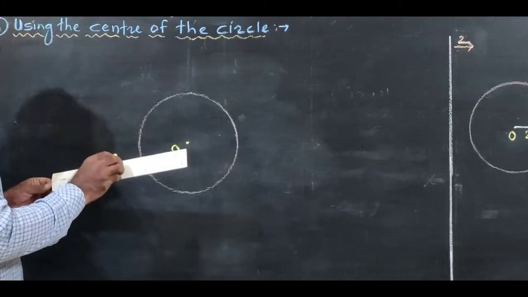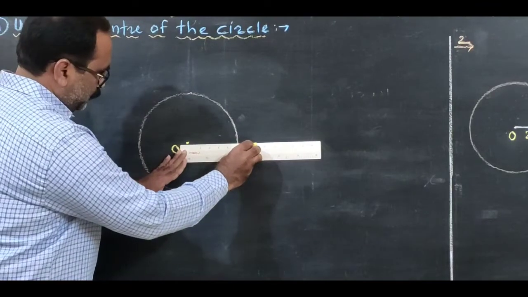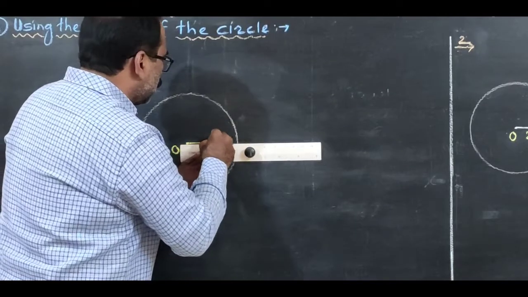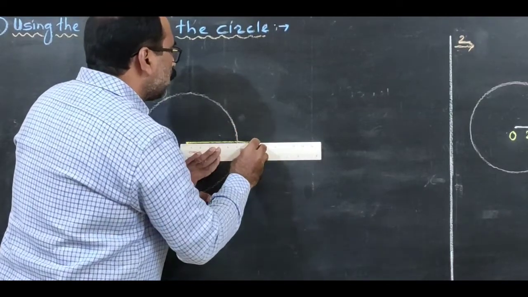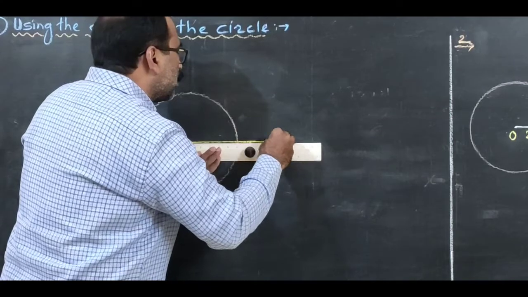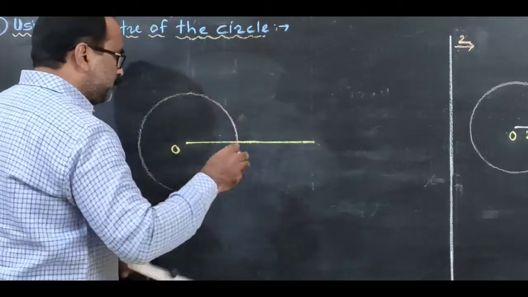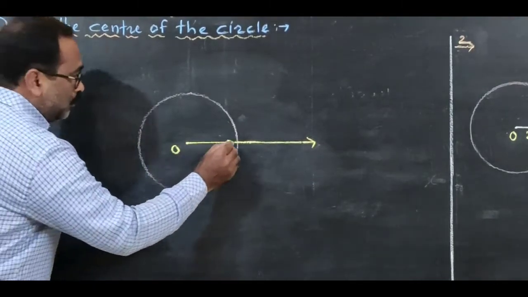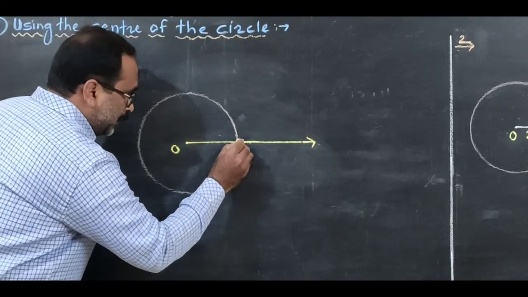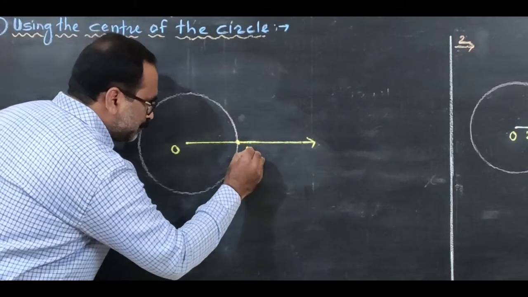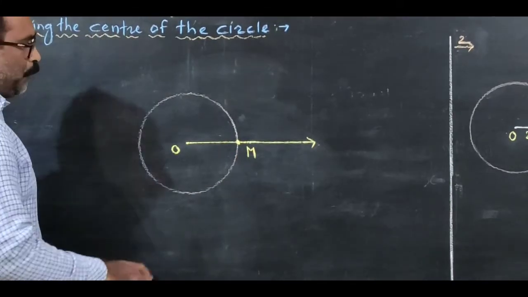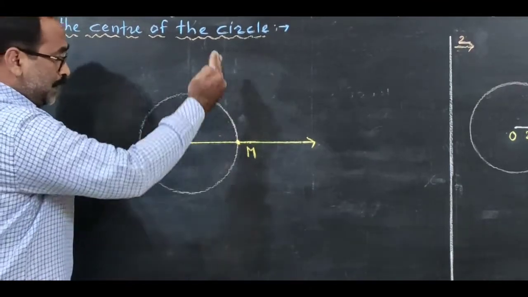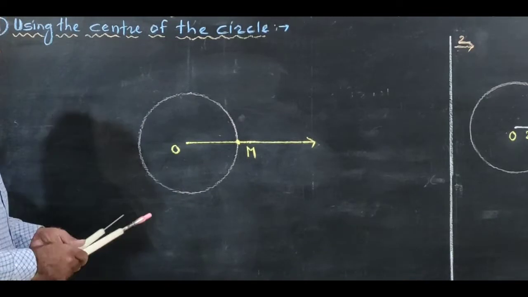Now draw a ray. Now we take this point as M. Now we draw a perpendicular to ray OM passing through M; it is the tangent to the circle.